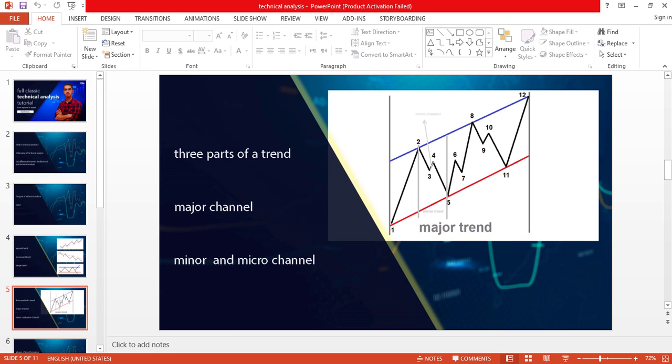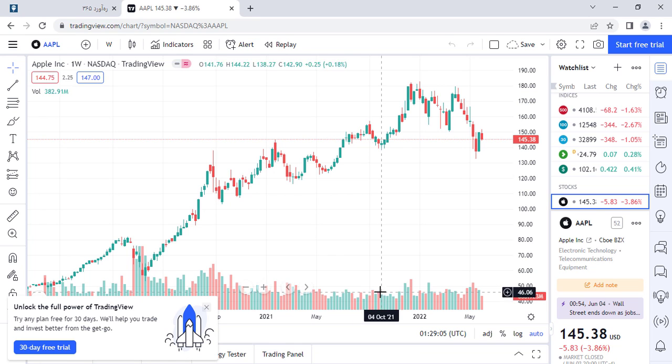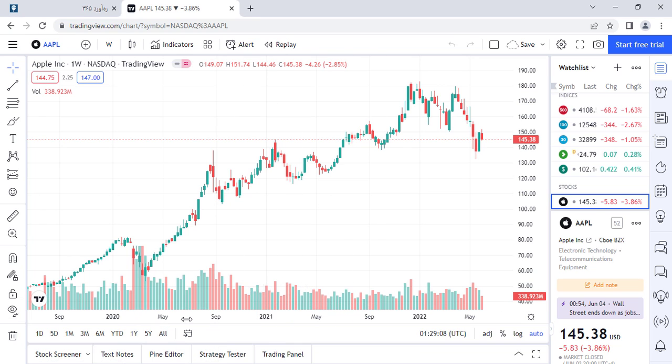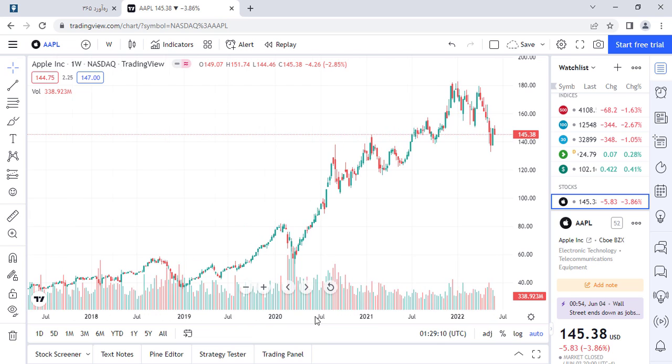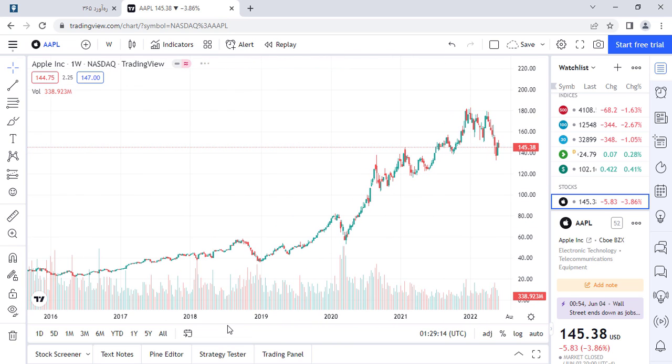From number 1 to number 12, we call it the major movement, and it mostly takes more than 1 year. For example, in this chart, I don't know how long this price has had an upward trend.